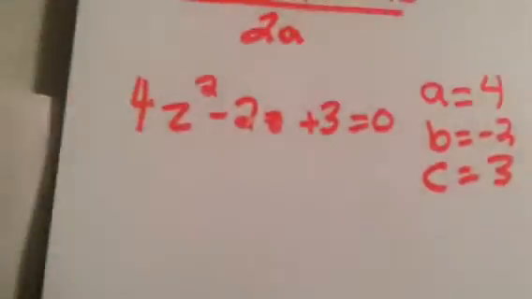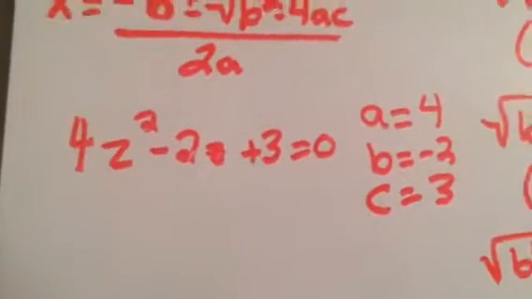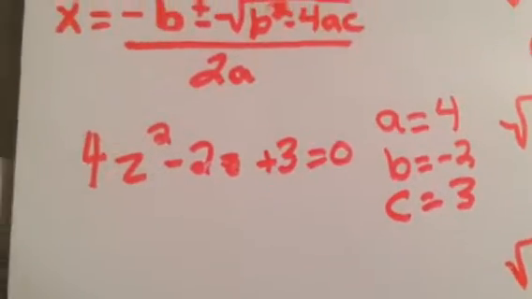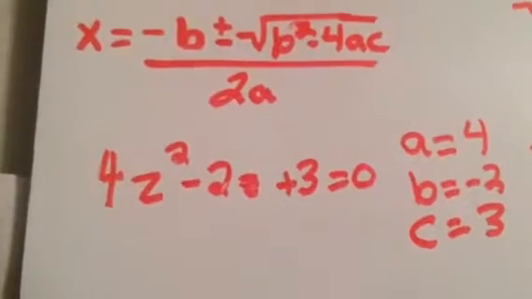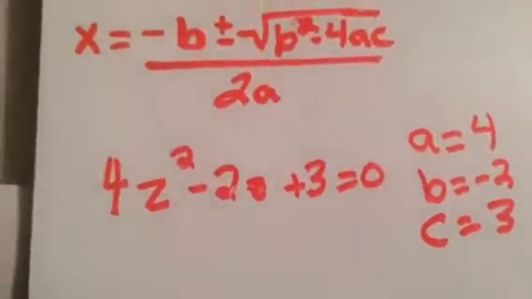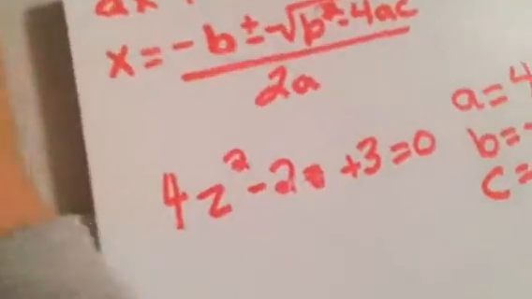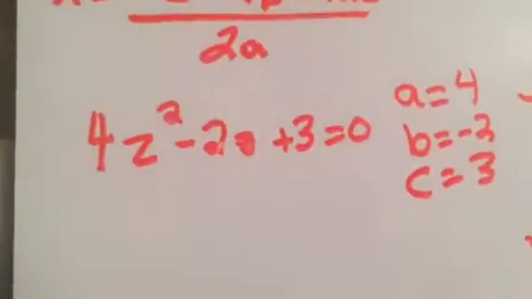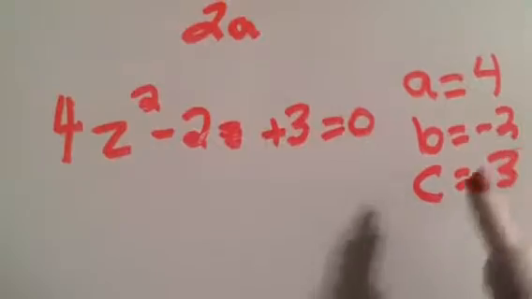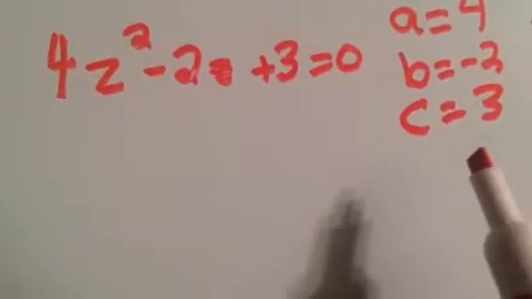So if we take a look at an example, we have 4z squared minus 2z plus 3 equals 0. So we have our a is our 4, our b is our negative 2, and our c is our 3.